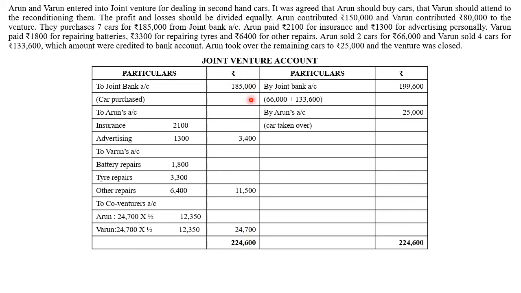From that you have to deduct 1,85,000, 3,400, 11,500. You will get 24,700. Now in what ratio should this be apportioned? Equally. So here you write 24,700 into 1 by 2, 24,700 into 1 by 2.